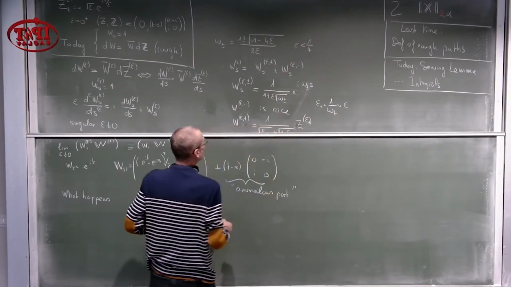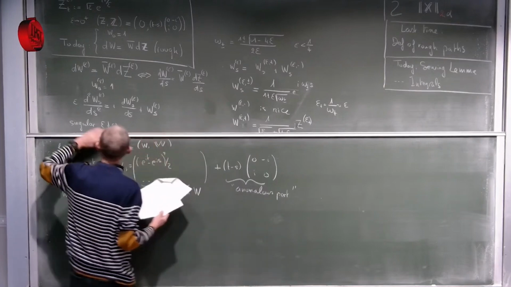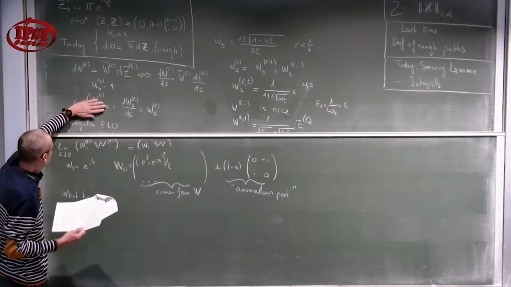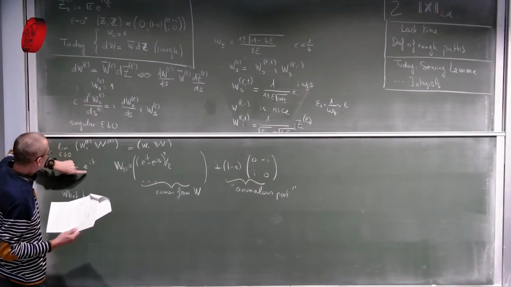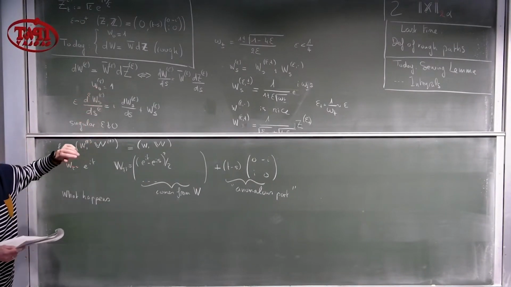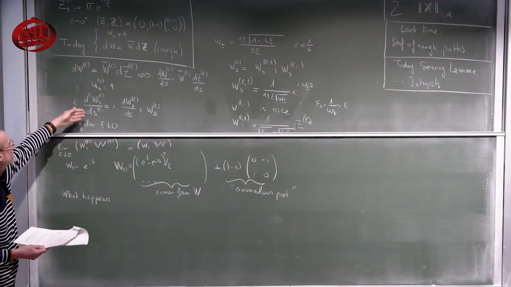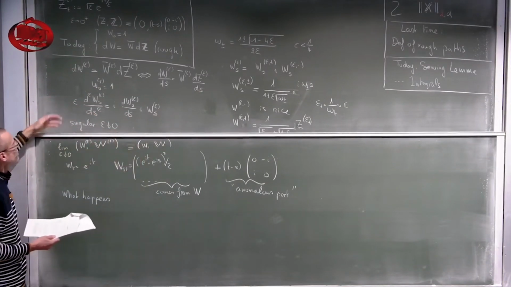This is of order epsilon. And W minus is nice. It would be the solution of this essentially. And if I made no mistake, this is the solution of this equation. There is one that contributes to the singular solution, it's W plus, and the one that contributes to the non-singular solution is W minus.